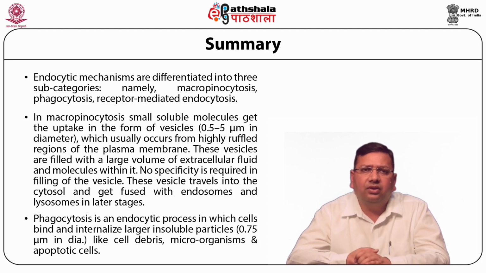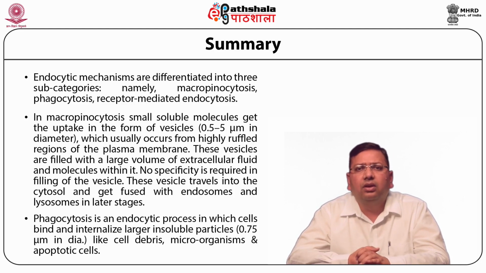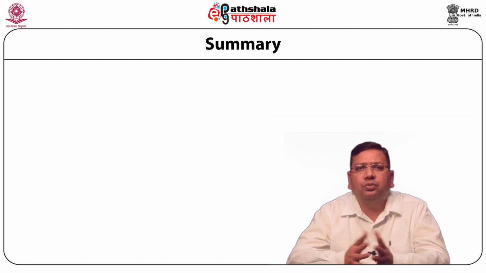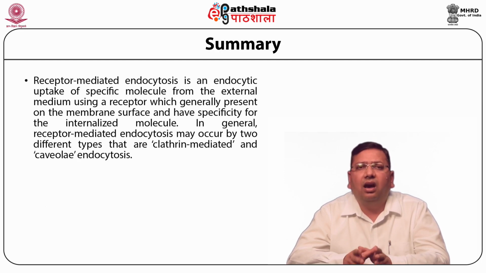The second mechanism is known as phagocytosis, in which cells bind and internalize large insoluble particles with a size of 0.75 micrometer or more in diameter, and generally cell debris, microorganisms, and apoptotic cells are utilized in phagocytosis.